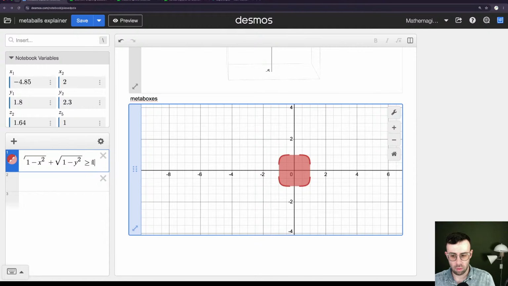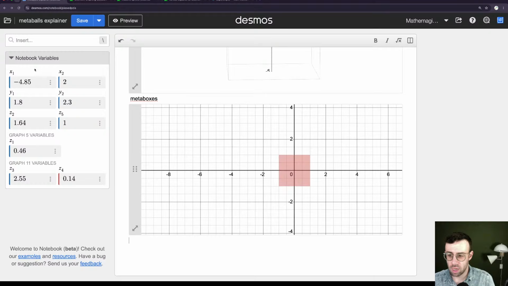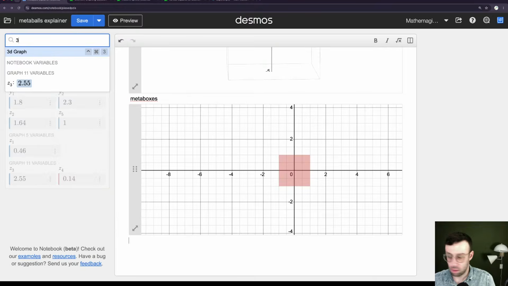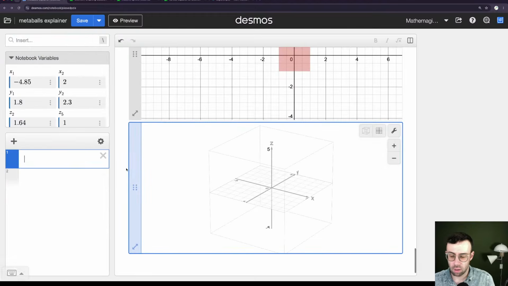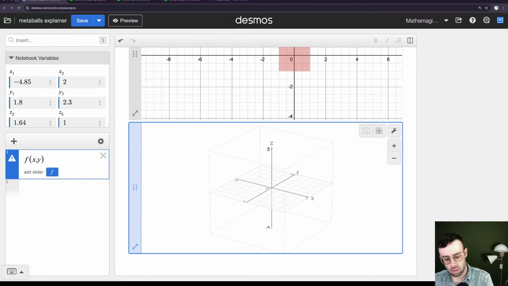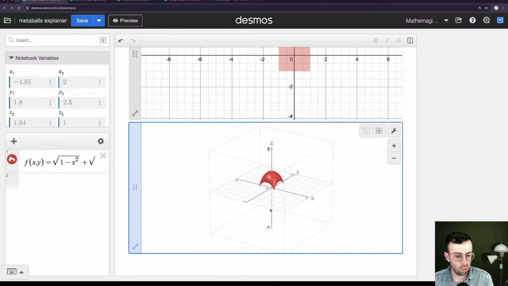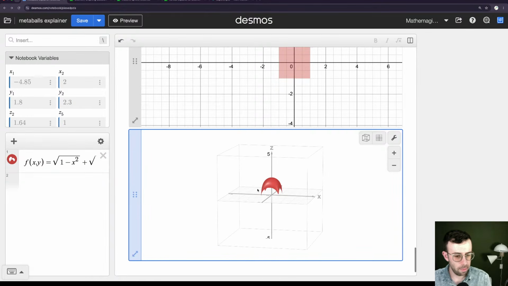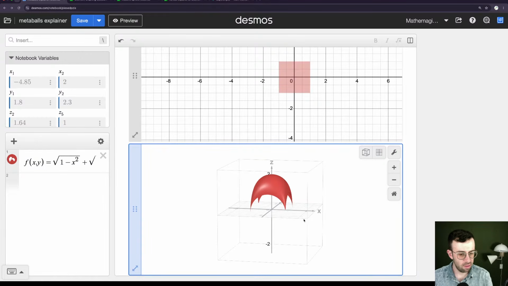Ooh. Let's see what this function f(x,y) looks like in 3D. Ooh, what's this, an umbrella?